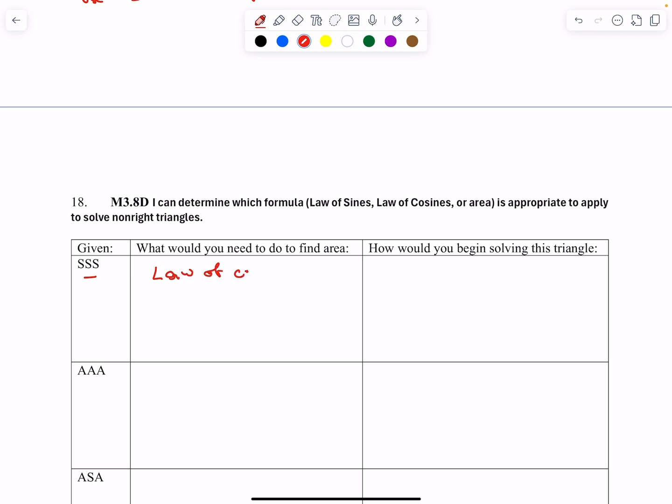So yeah, law of cosines to find an angle. And then use the 2 sides across from the 2 sides that are not across from that angle.